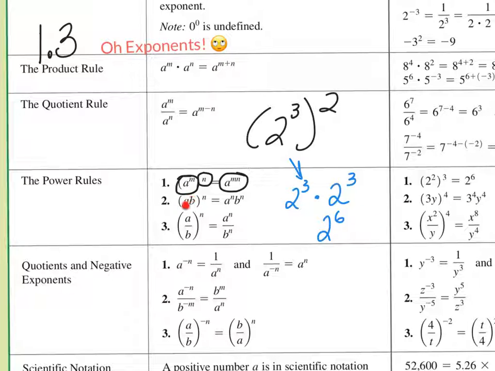if 2 values are multiplying, if there's a product inside the parentheses and there's an exponent outside, that exponent belongs to both of them. Same for if there's a fraction inside the parentheses, that exponent belongs to both of them.